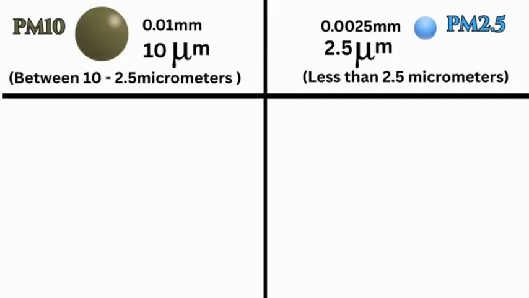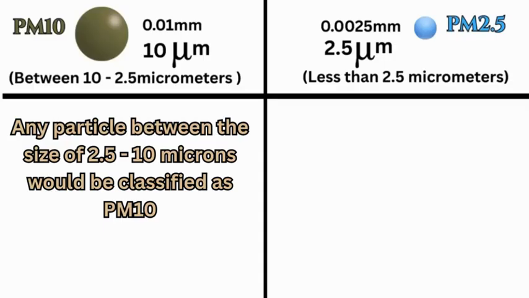Particulate matter comes in two distinct classifications, PM10 and PM2.5. There's also a PM1.0, but it's not as commonly used as the other two size ranges. So PM10 is 10 microns, or 0.01 millimeters, or 10 micrometers, down to 2.5 microns, or micrometers.